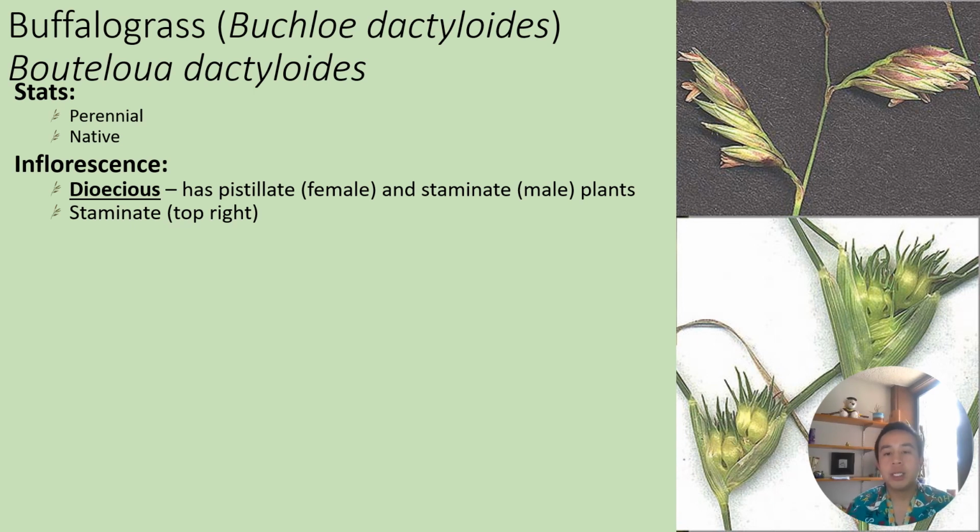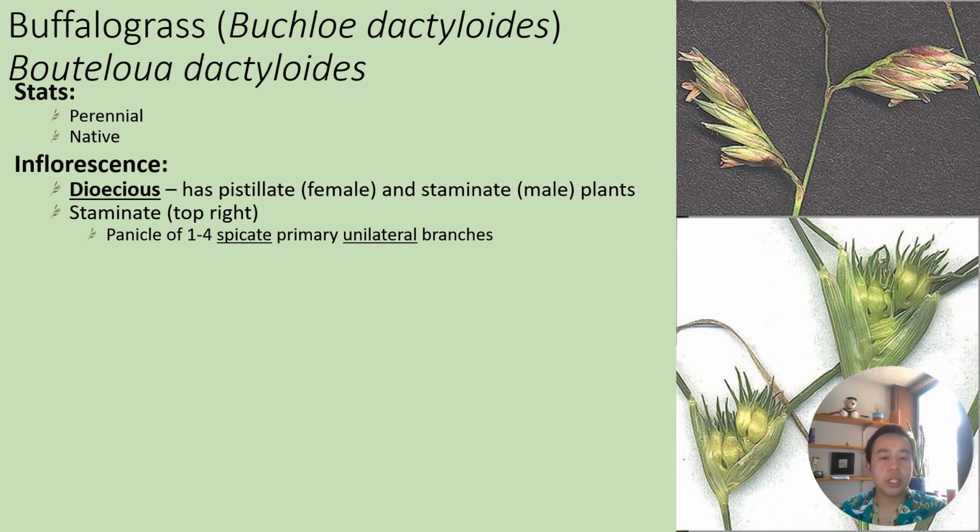There you can easily see the anthers hanging out, which we've discussed before, and those are the pollen-bearing organs of grasses. In this case, it only occurs in a single individual, and then another individual might have what we call pistillate flowers.